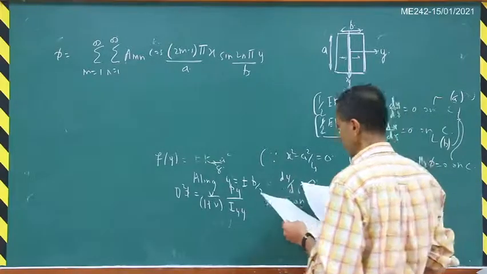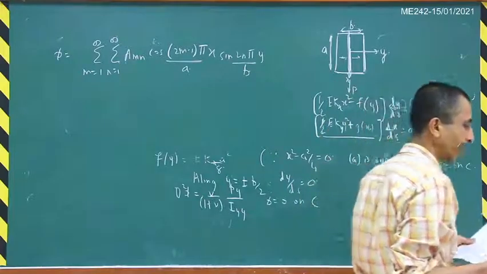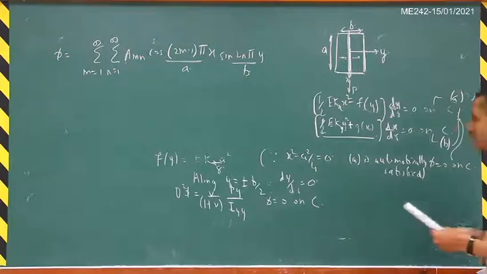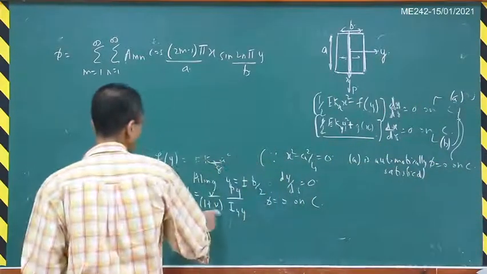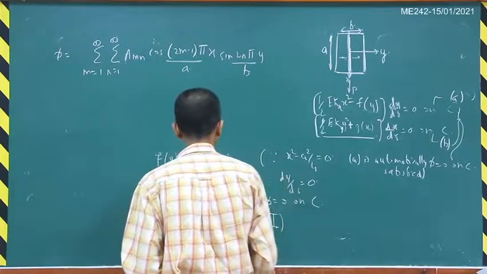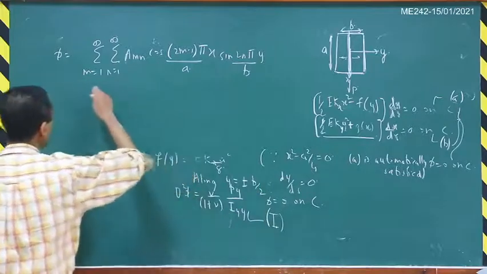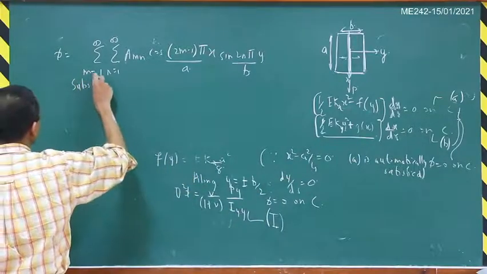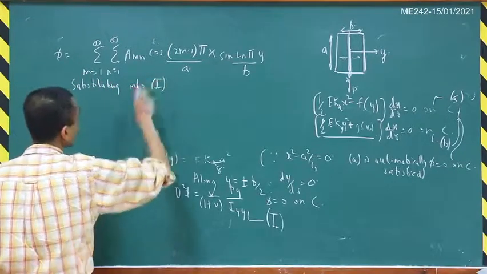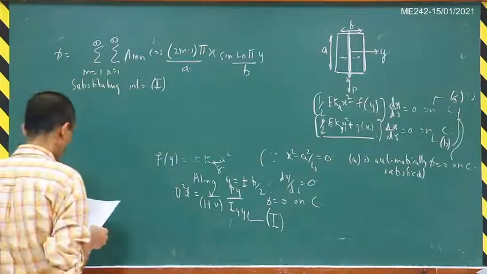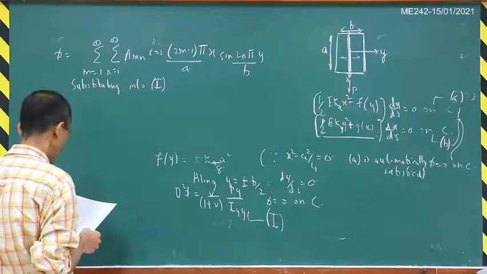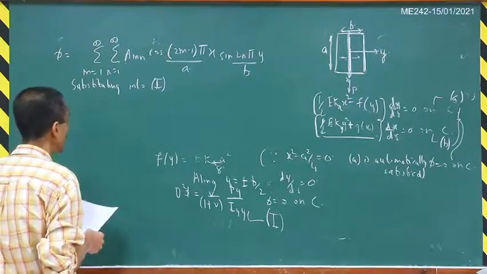So now if you substitute this into the governing equation for phi, let us call it 1. So substituting this form into 1, what you will get is, and then after that, you will have to use the orthogonality of the sine and cosine functions.